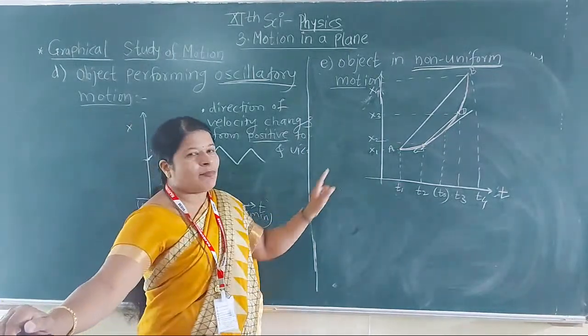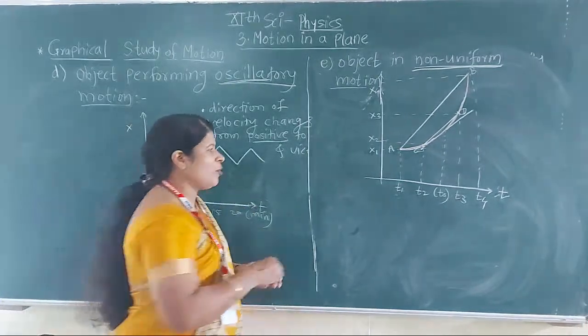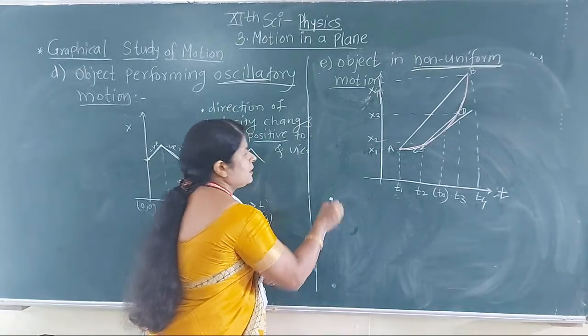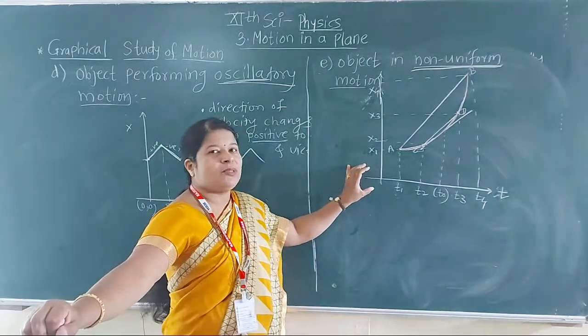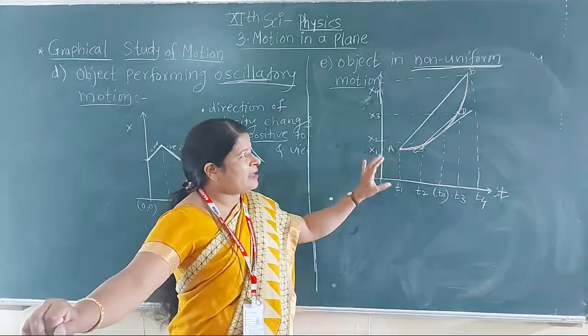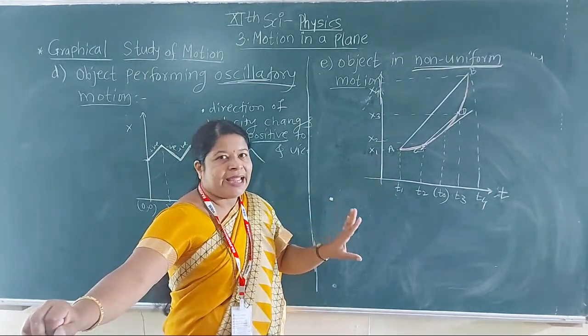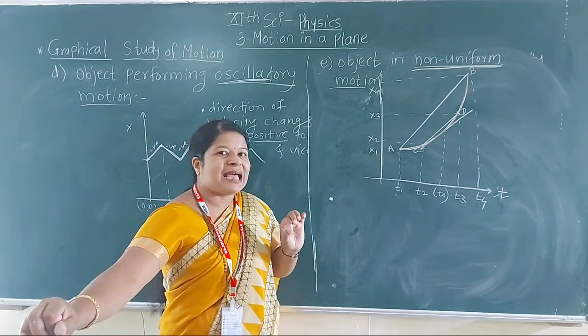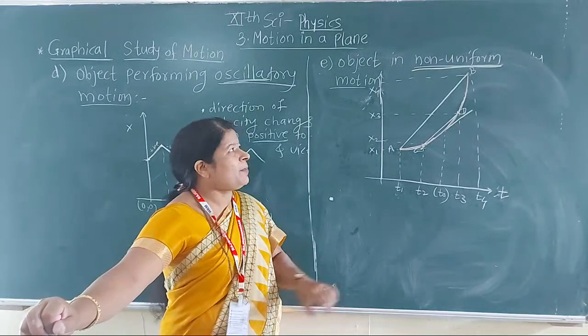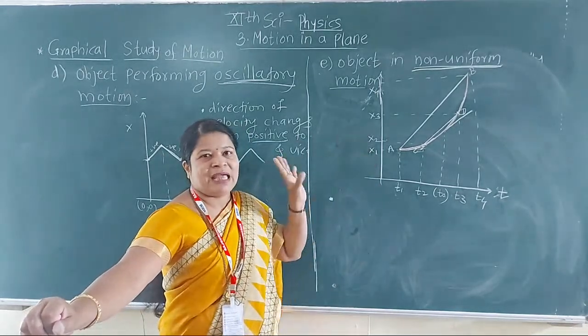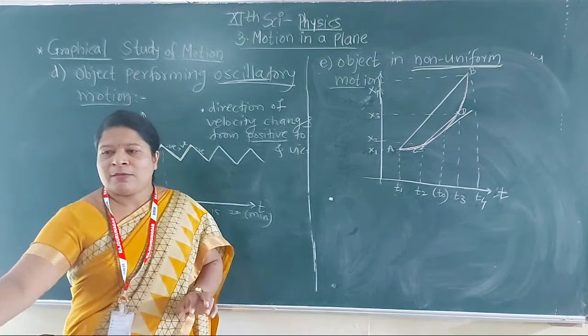So from this graph we have to remember some important points. First point, या ग्राफवरून तुम्हाला समजलं असेल की तो ऑब्जेक्ट नॉन लिनियर मोशन मध्ये आहे किंवा नॉन युनिफॉर्म मोशन मध्ये आहे. तो ऑब्जेक्ट इक्वल टाइम मध्ये इक्वल डिस्टन्स कव्हर करत नाही, म्हणून आपण त्या ऑब्जेक्टची मोशन नॉन युनिफॉर्म मोशन असं म्हटलेली आहे.